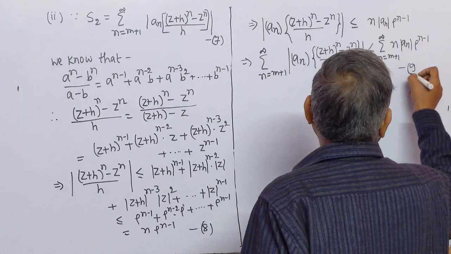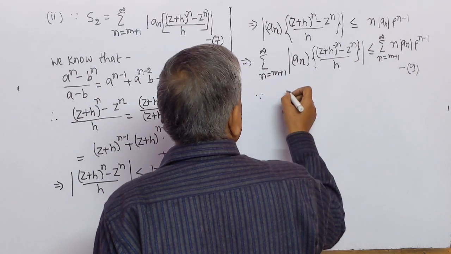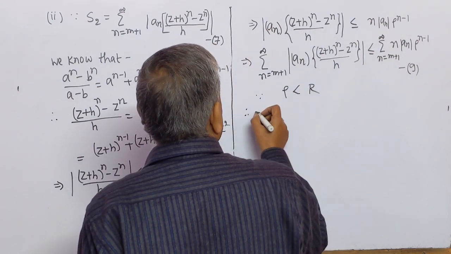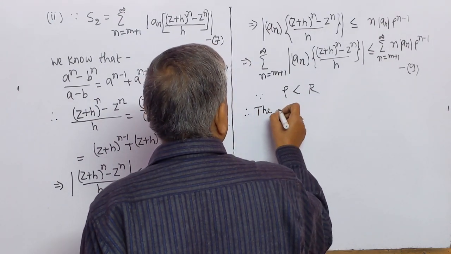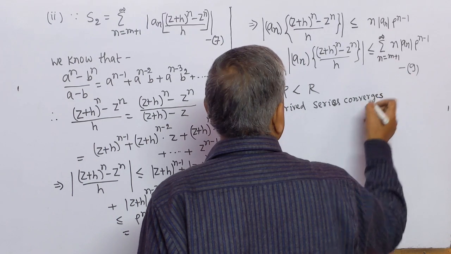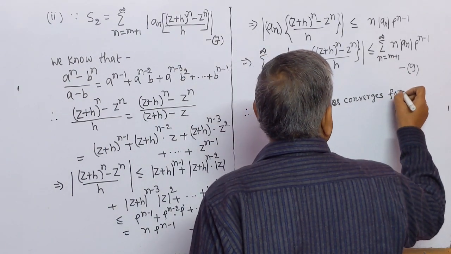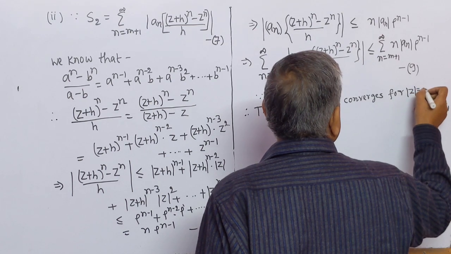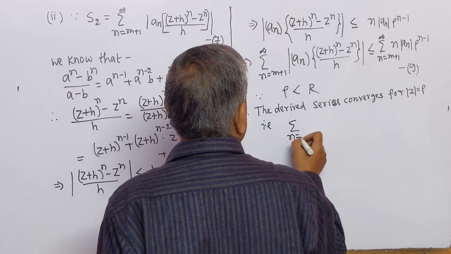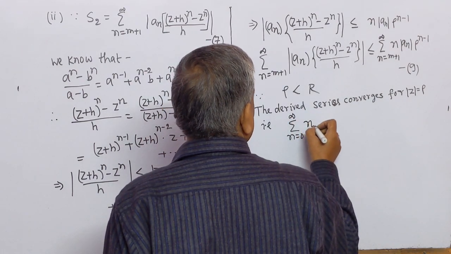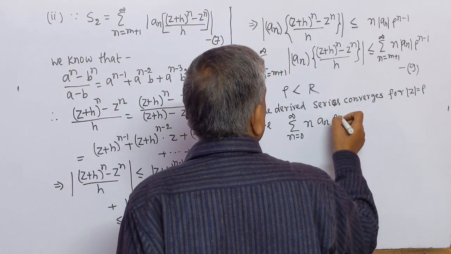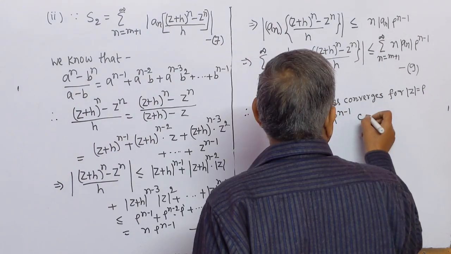This is number 9. Since rho is less than the radius of convergence, therefore the derived series converges for modulus of z equal to rho, that is sigma n equal to 0 to infinity n an rho to the power n minus 1 converges.